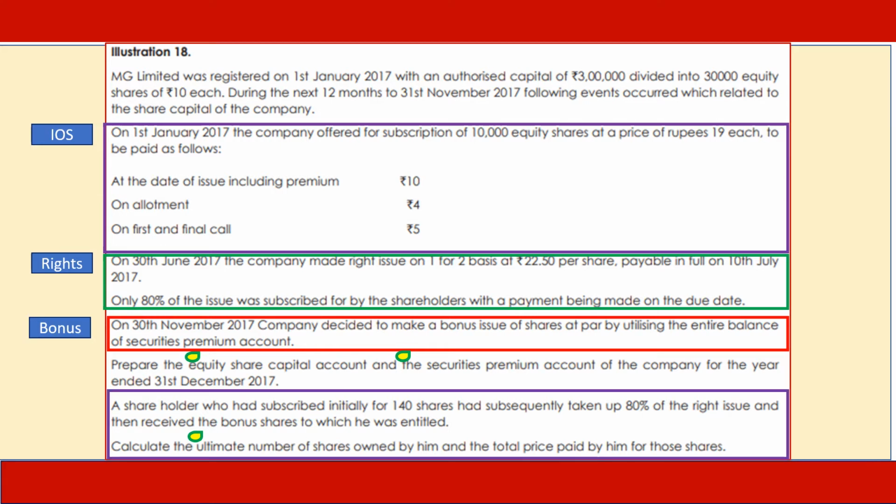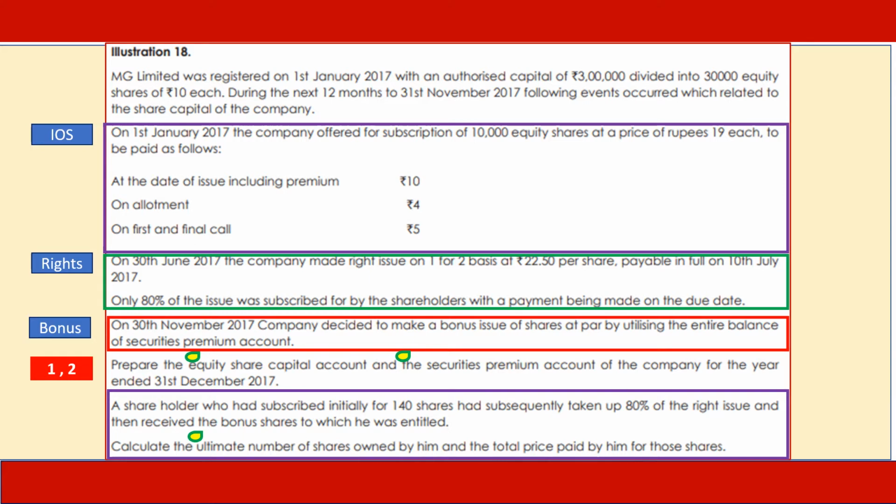And subsequently, it gives an instance where a shareholder has subscribed for n number of shares, and after rights and bonus, how much he will be having in his account and what is its average cost. That is the fourth component of the problem.